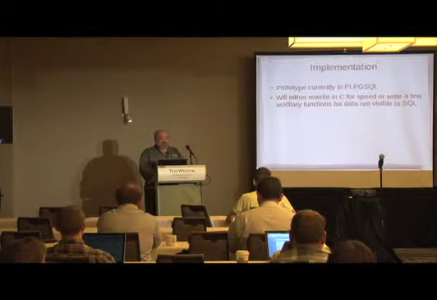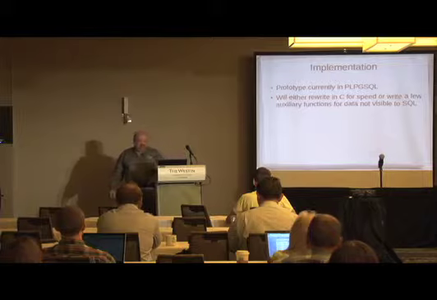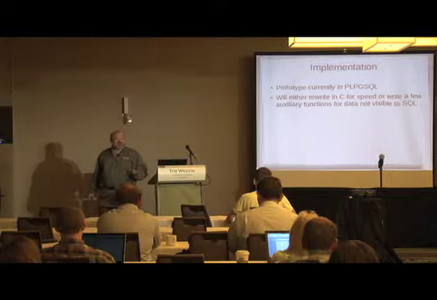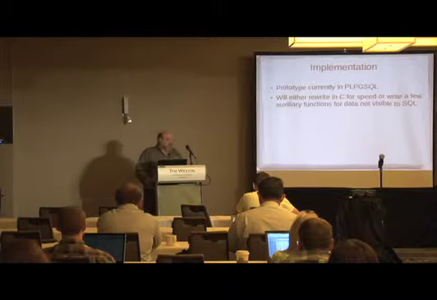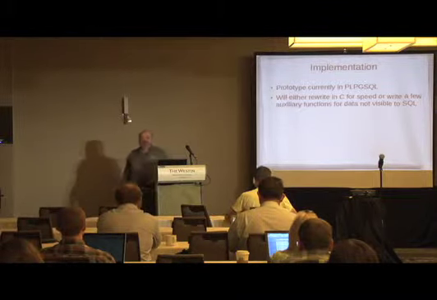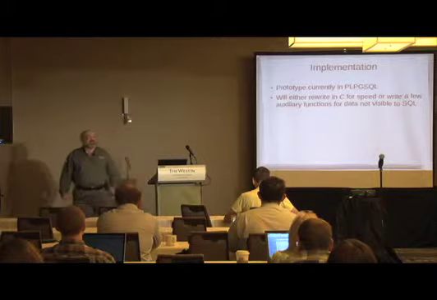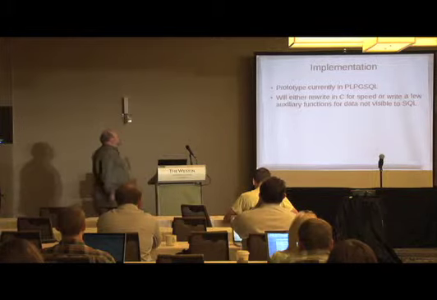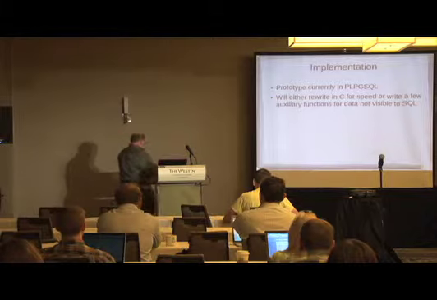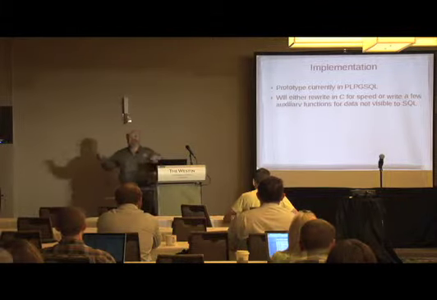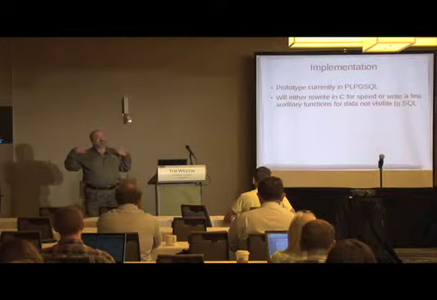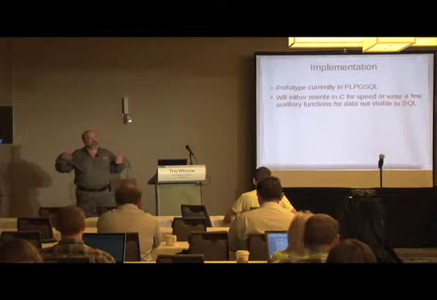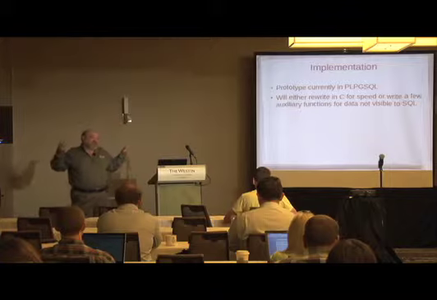So the implementation is currently in PL/pgSQL. It runs pretty quickly. I'm not too concerned about speed. There are a few bits and pieces that you can't get. For instance, pg_dump obviously won't give you the description of a temp table, because it doesn't dump any temp tables, right?